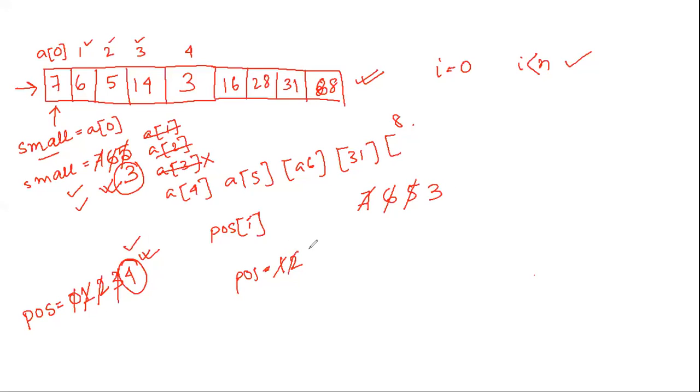So from 2 it has changed to 4. That means whatever element I am updating, that same index value is also getting saved in my pos. Isn't it? Whatever index value I am updating, that index value goes in my position value. That shows that this smallest element of my array is present at this index value in my array. Is this thing clear to you all?